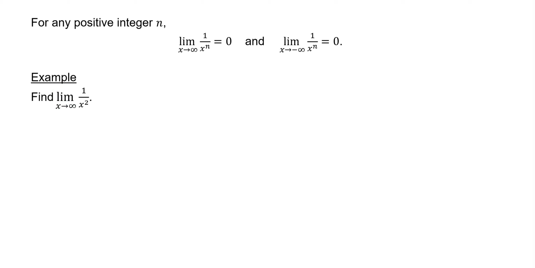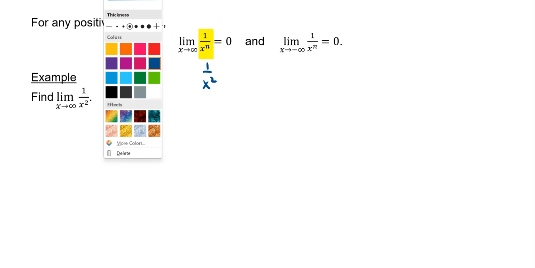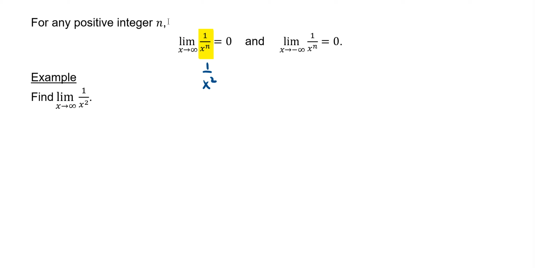In general, the rule you need to know for these questions is if your function is 1 over x to a positive number, like 1 over x squared, 1 over x to the 0.2, or 1 over x to the fifth, and x is approaching positive or negative infinity, this is always going to be 0. Technically, the number doesn't have to be 1. This could be any number.